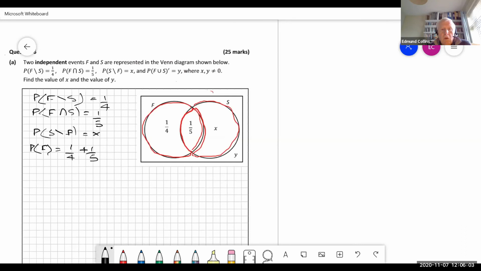So we're getting this total here, so we're bringing in the intersection part here. And that equals 9/20.